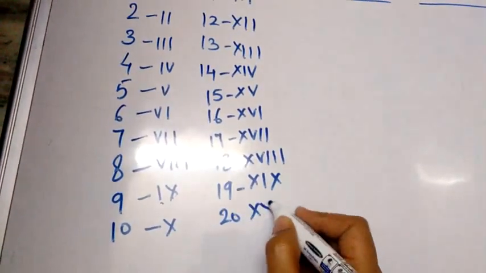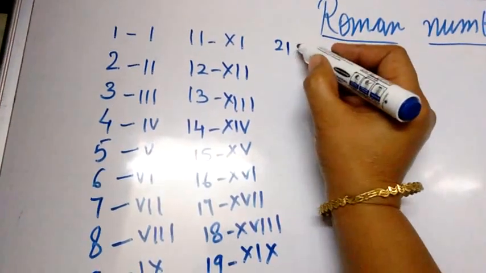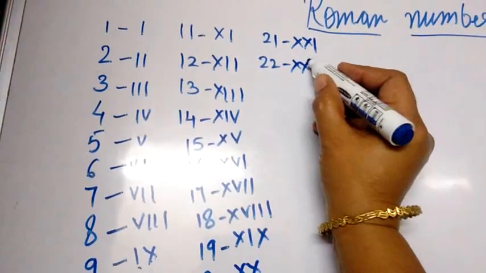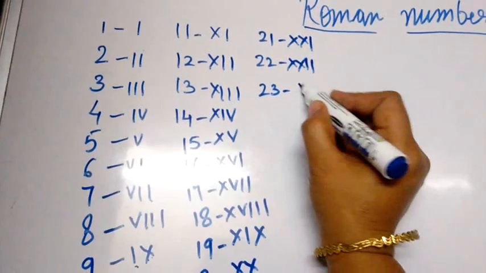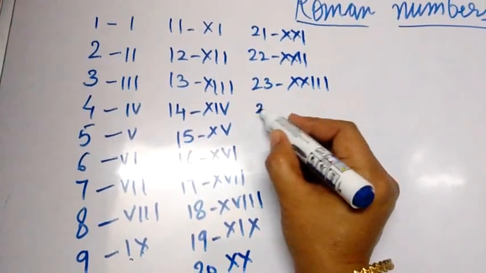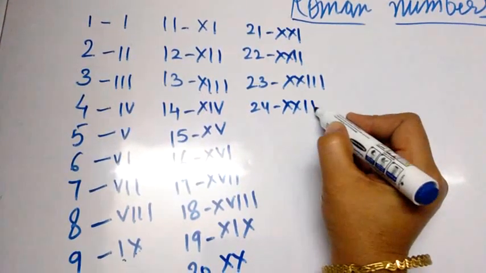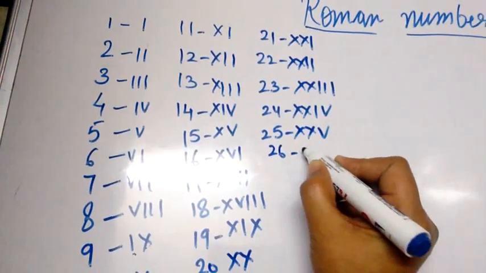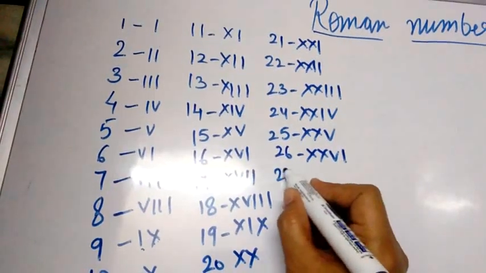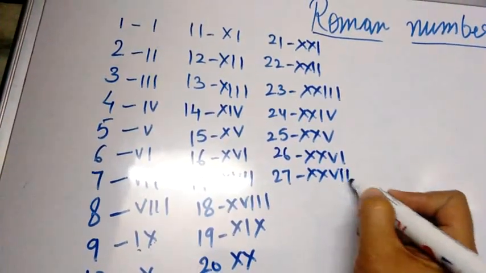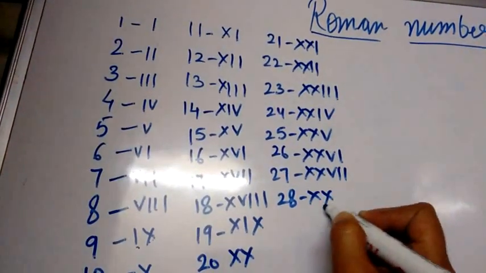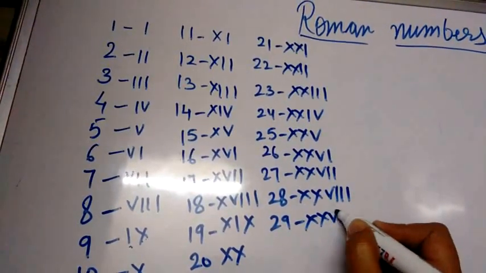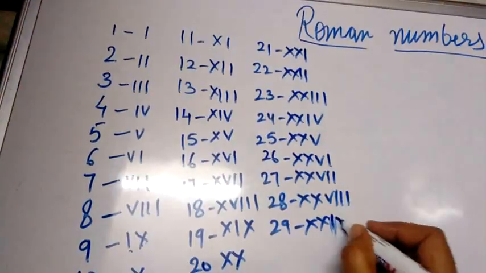20 is 2 times X. Then 21 is X, X, 1. 22 is X, X, 2. 23 is X, X, 3. 24, X, X, 4. 25, X, X and 5. 26, X, X and 6. 27, X, X, 7. 28, X, X, 8. 29, X, X and 9.